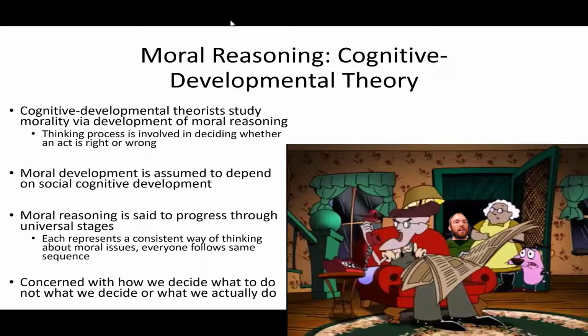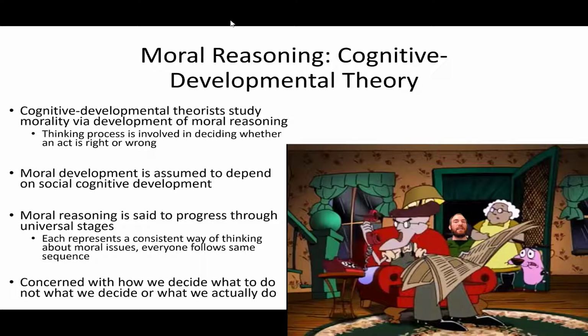So from the name, what cognitive developmental theorists are primarily interested in is moral reasoning. So cognition, reasoning, and specifically thinking processes of deciding whether an act is wrong or right. And they believe that this development occurs in stage-like processes, just like all other stage theories, similar to a set of stairs.